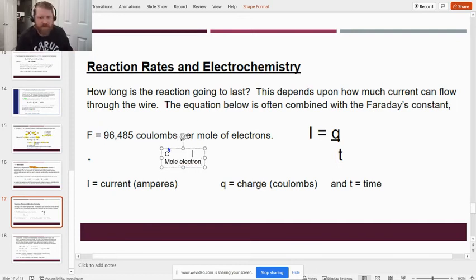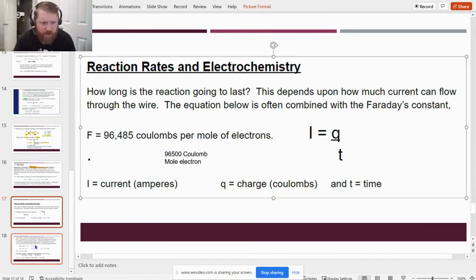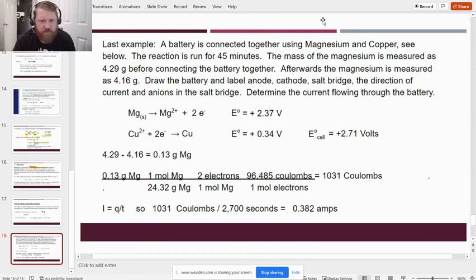We can combine these things together because of their units, and do some fun math with them. Of course, we know that a mole of electrons is equal to Avogadro's number also. Let's look at an example of this weird thing I'm talking about. Let's go to the next page.